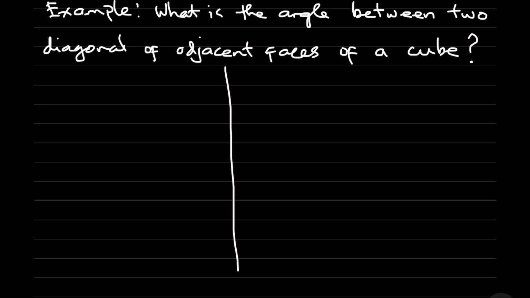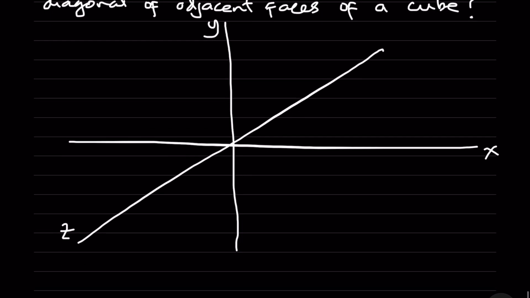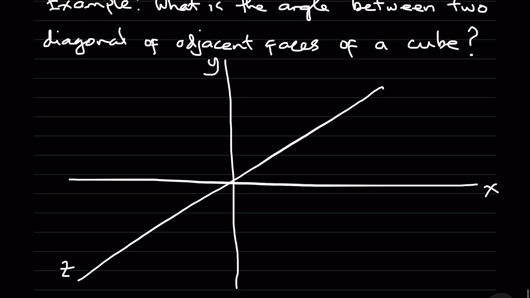To visualize this problem, I draw the x, y, and z axis. So I put one corner of a cube at the origin, and the cube is in the positive octant.